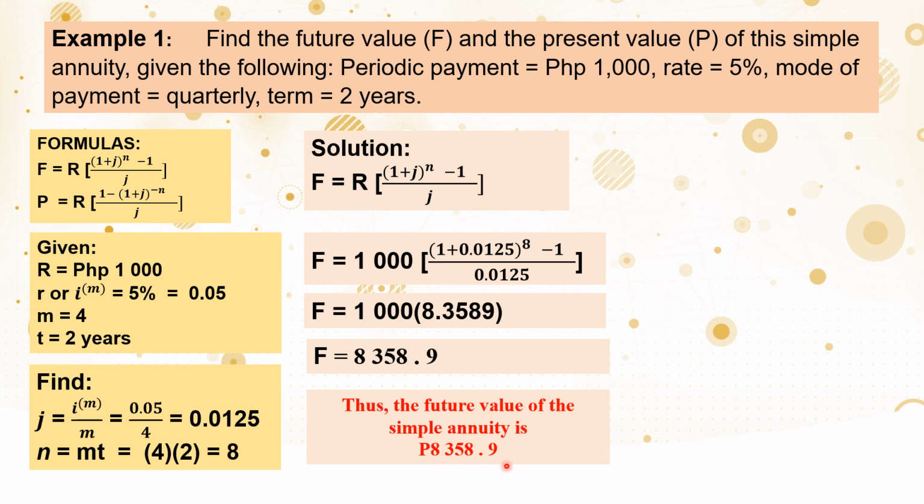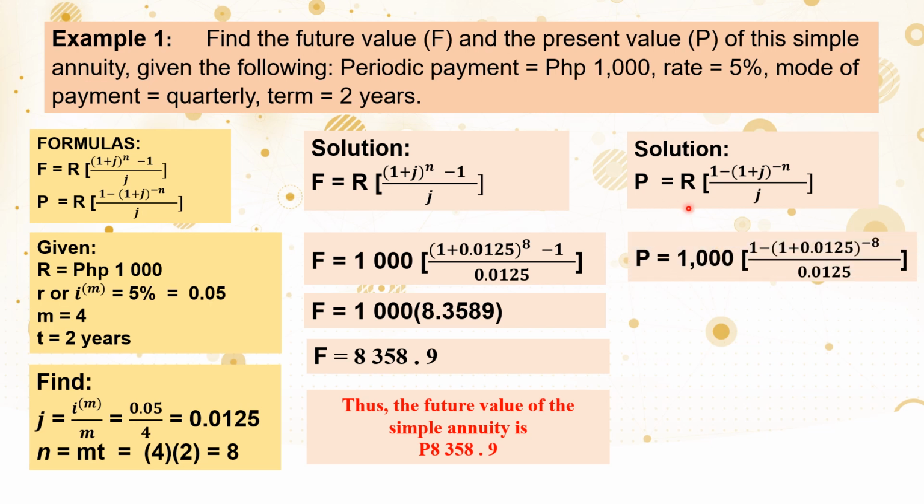Thus, the future value of the simple annuity is 8,358.9 pesos. And for the present value, we will use this formula. Again, just substitute all the given in the formula. So present value now is equal to R, which is 1,000, times the quantity 1 minus the quantity 1 plus our j is 0.0125 raised to negative n, which is negative 8, over our j is 0.0125.